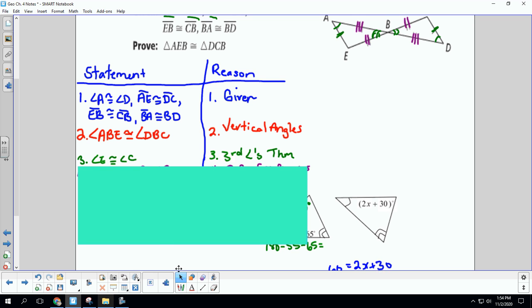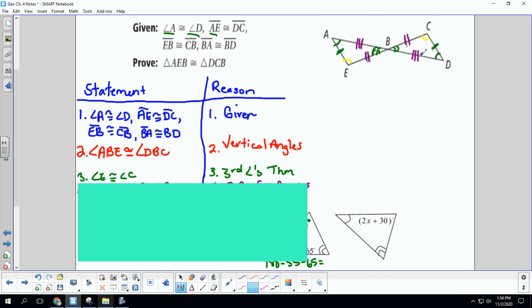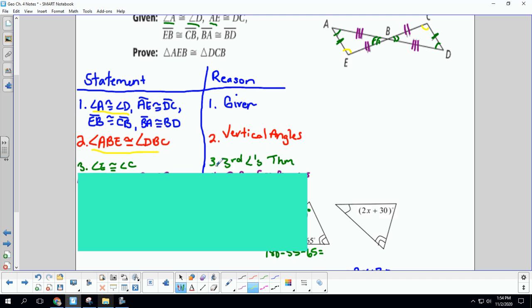Angle E is congruent to angle C by that third angles theorem, because we have A is congruent to D, ABE is congruent to DBC. So we have those two angles already paired up. So these right here, we have two angles that are congruent. So we can say that the third set of angles, which is E and C, are congruent by that third angles theorem.